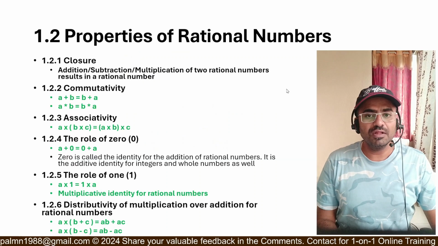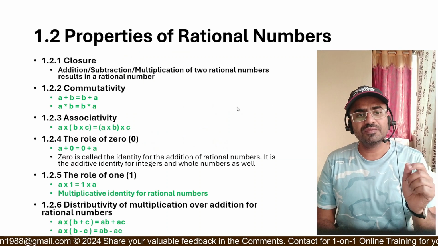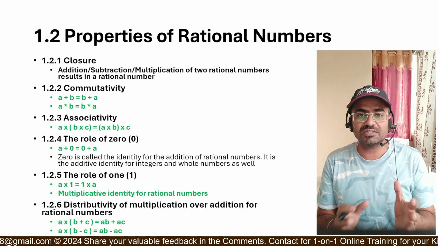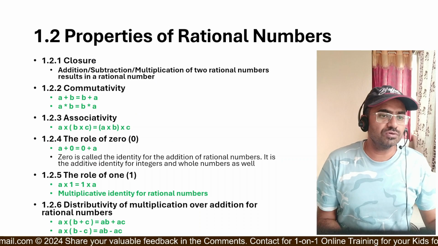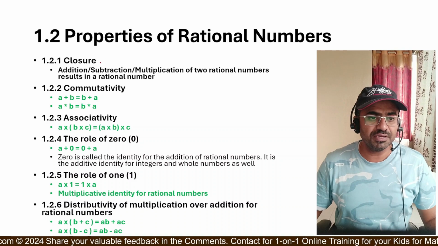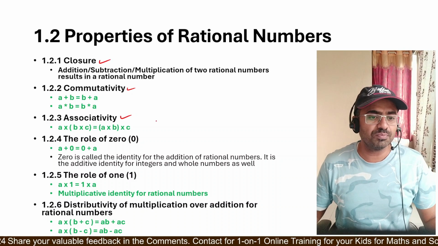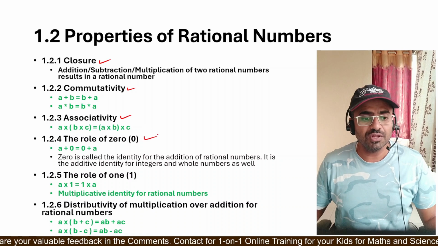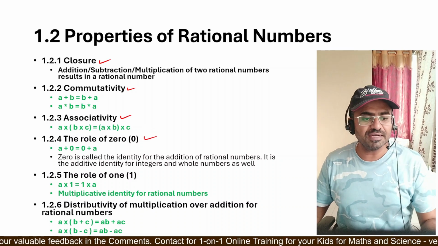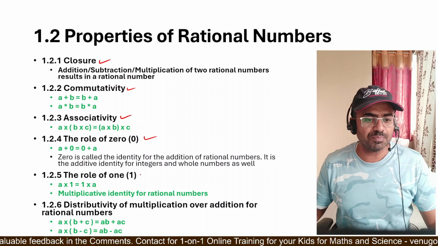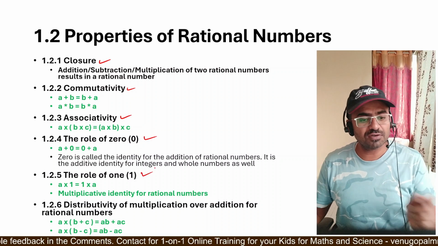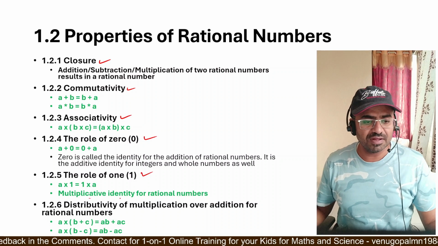So this is a summary of the different properties which exist with respect to rational numbers. We have the closure property, the commutative property, the associative property, and the role of 0, also called the additive identity. We also have another property called the role of 1, which we also call the multiplicative identity.